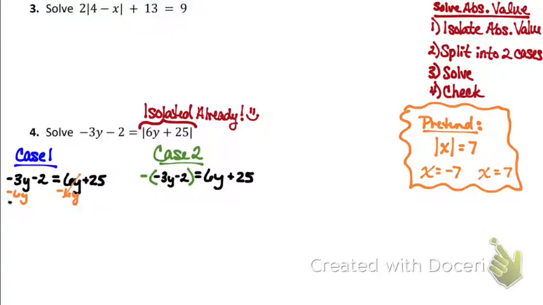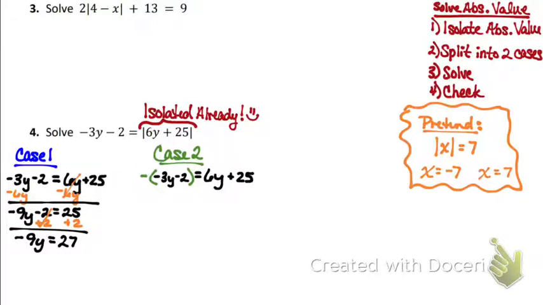Negative 3y minus 6y is negative 9y. I'm going to get my constants to the other side, so I'm going to add 2 to both sides. Negative 9y equals what? 27.